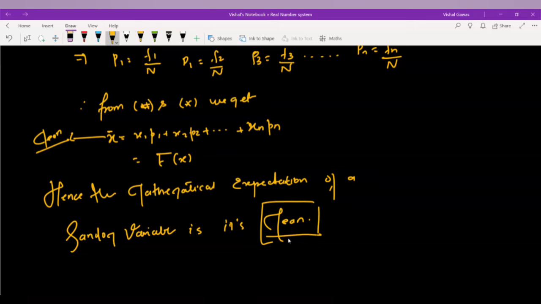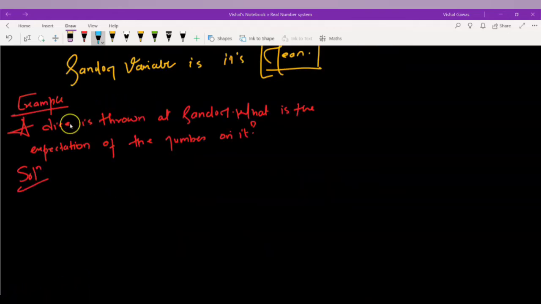Let's quickly solve an example, right? So the problem is if we roll a die randomly, we need to find the mathematical expectation of the number on it. Okay, so how do we find this?